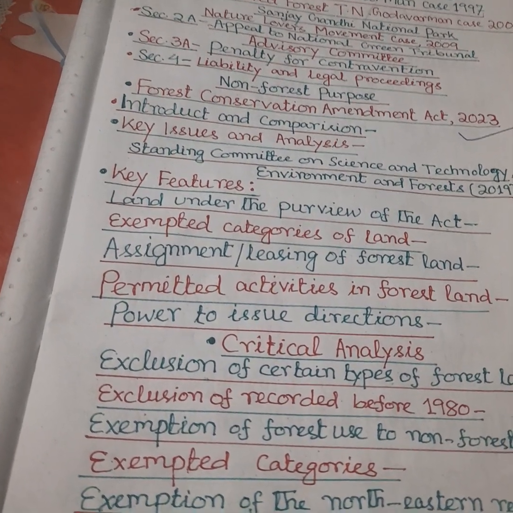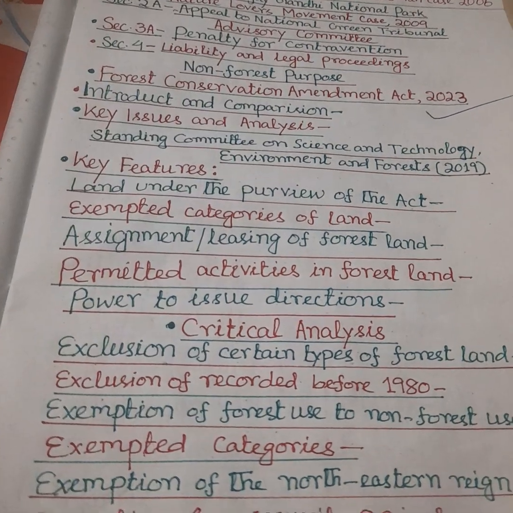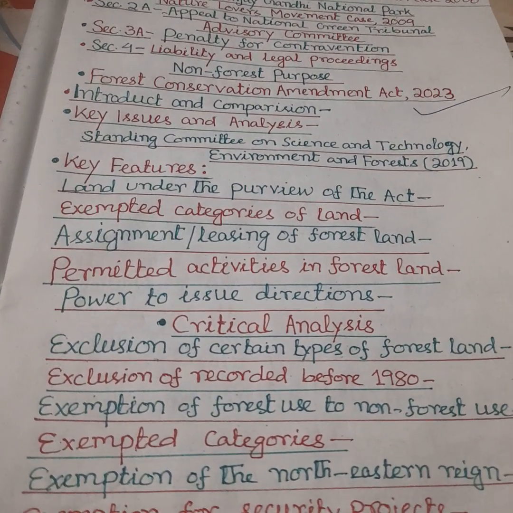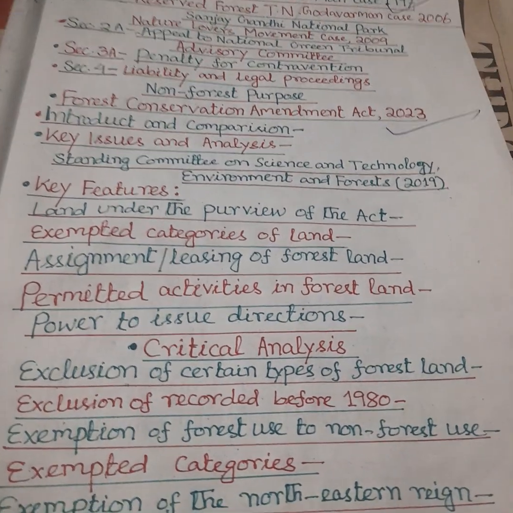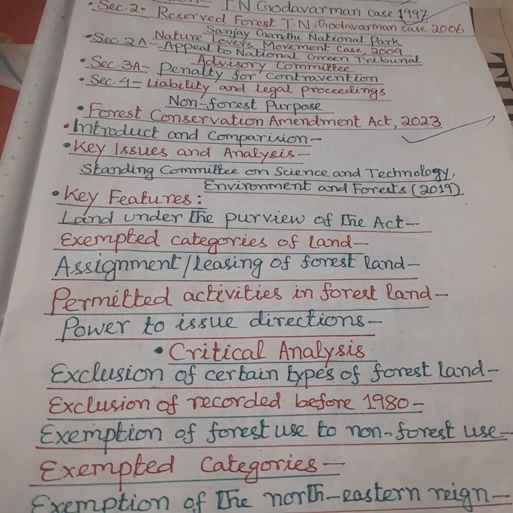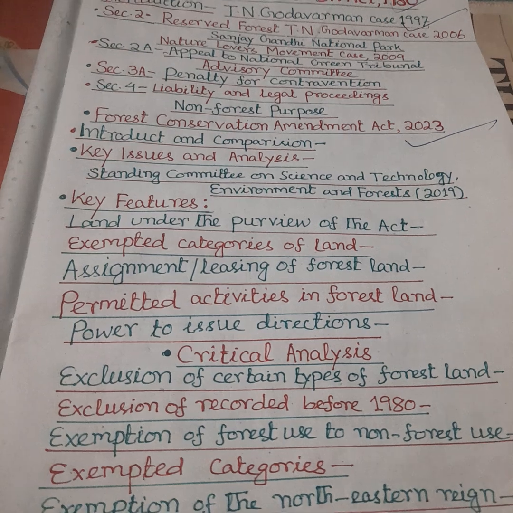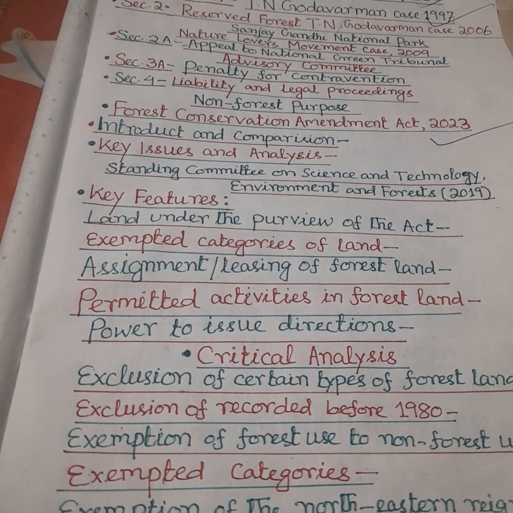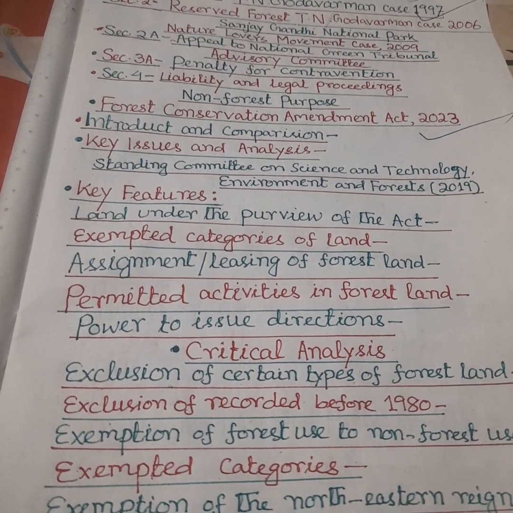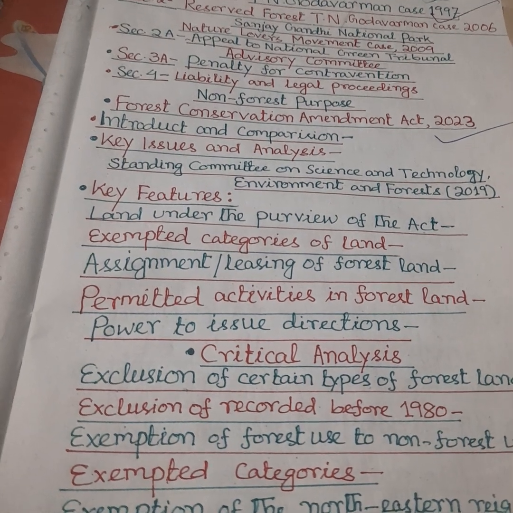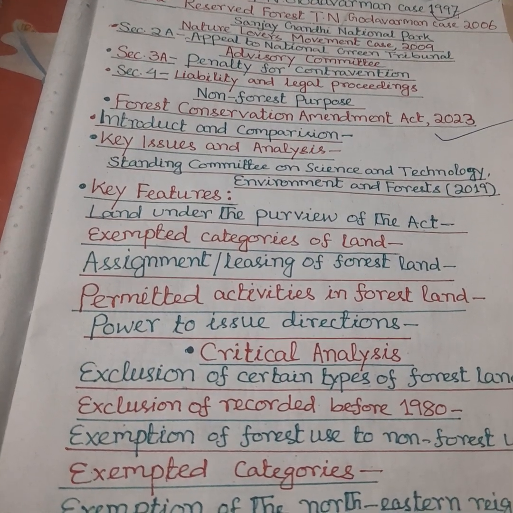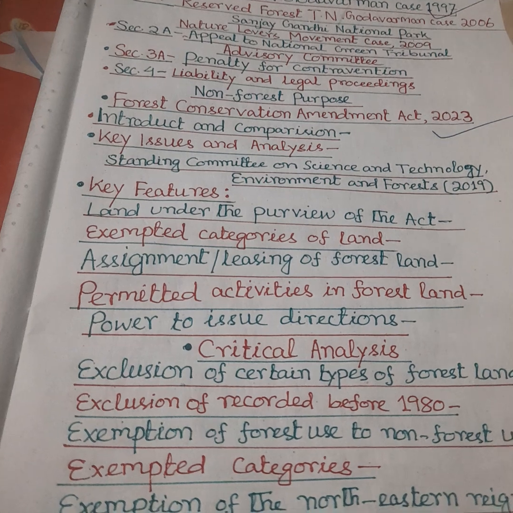In light of the above, the Supreme Court, the apex court, in the T.N. Godavarman case in 1997 amplified the term forest in its dictionary meaning to cover all forest land, even where its ownership is recorded in the name of any private person.